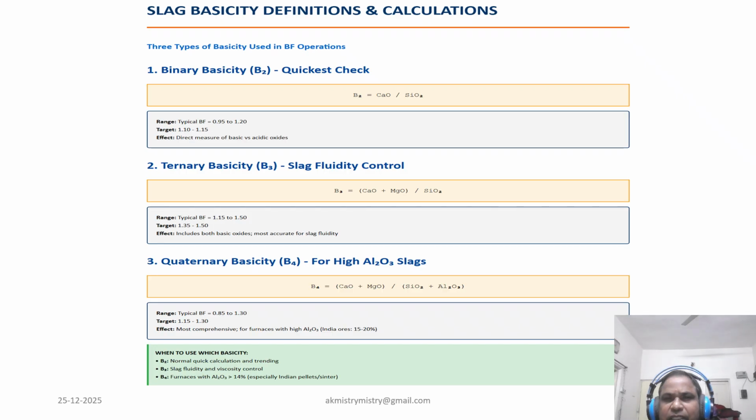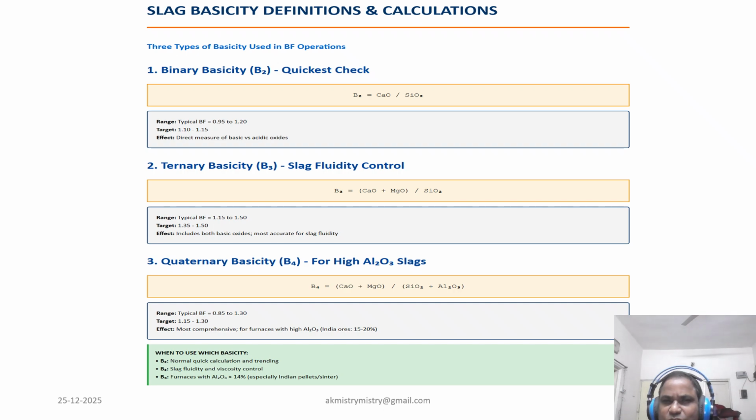So there are three basicity ratios, and this is also to remember and aid in memory. B2 is the quick check, that is CaO over SiO2. B3 adds MgO for fluidity control, and B4 includes alumina, Al₂O₃, critical for Indian ores.